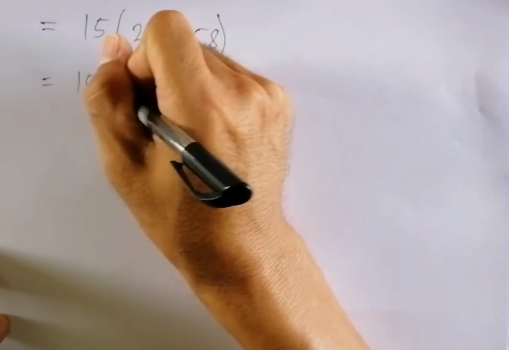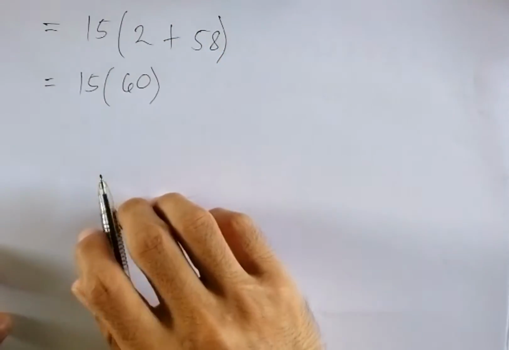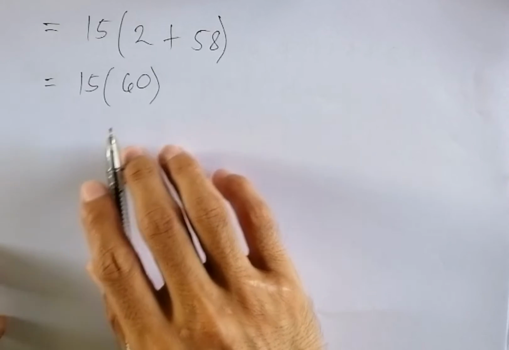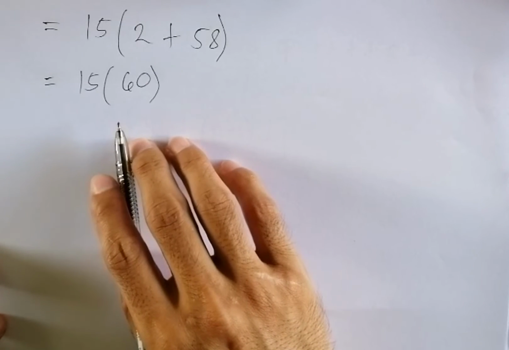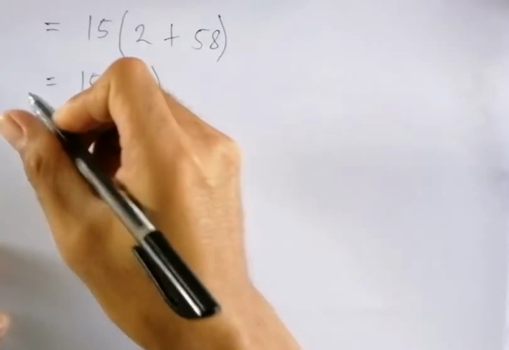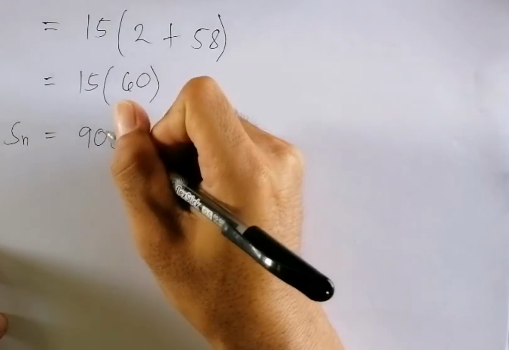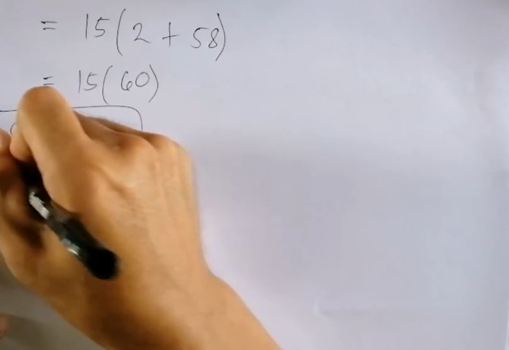So this is equal to 15 times 2 plus 58, which is equal to 60. So 15 times 60. So the answer is S sub n is equal to 900.